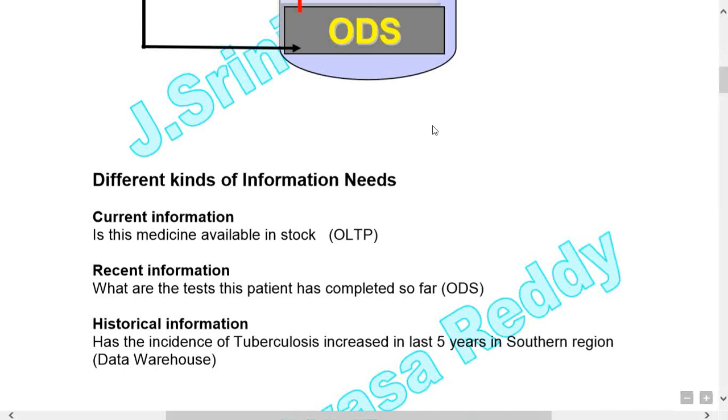What does it mean? It does not mean that right from your birth until today, what all medical tests are conducted. I want to see that. It does not mean that, right? So it means that within this week or within this month, within these recent days, if any tests are conducted, let me see the test so that I can analyze your health.